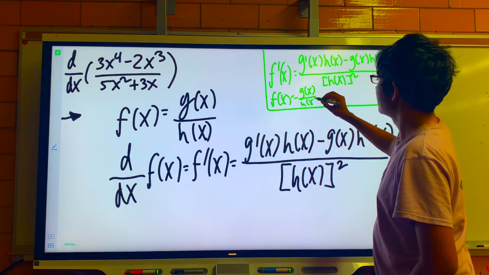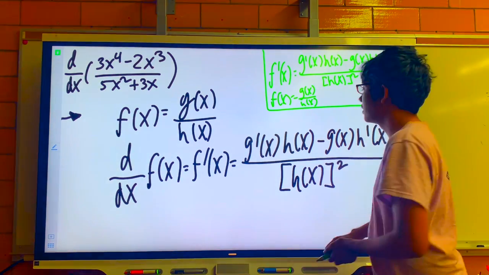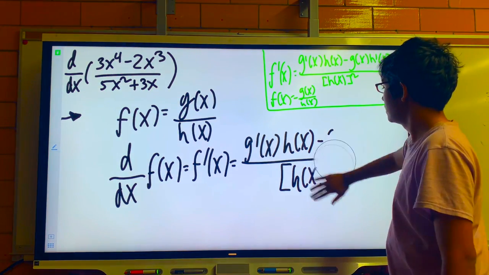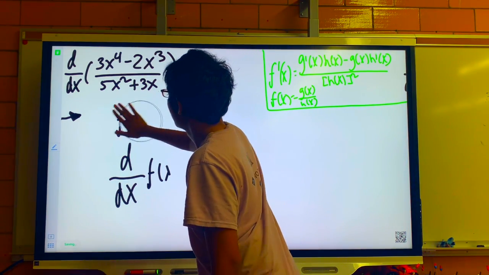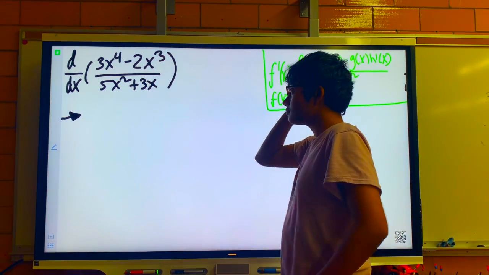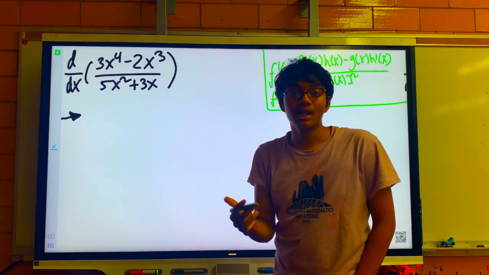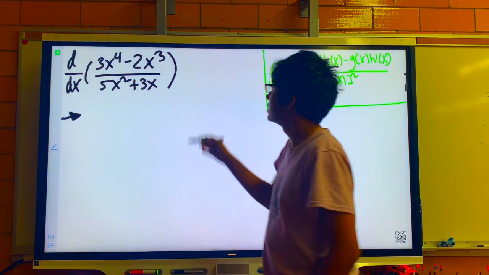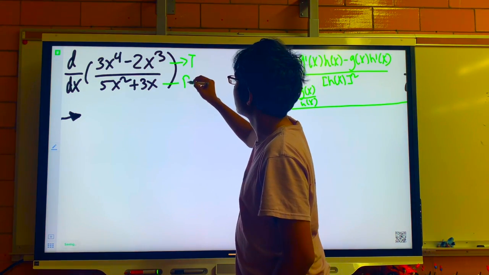Okay, so now that we have the quotient rule down, let's try to go ahead and solve this derivative, shall we? So how can we solve this derivative? Well, first things first, let's identify the top and bottom of this fraction. This is going to be our top, and this is going to be our bottom, right?